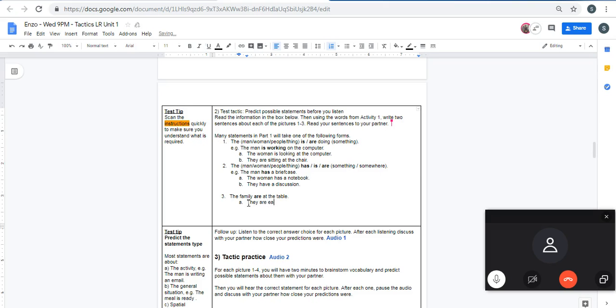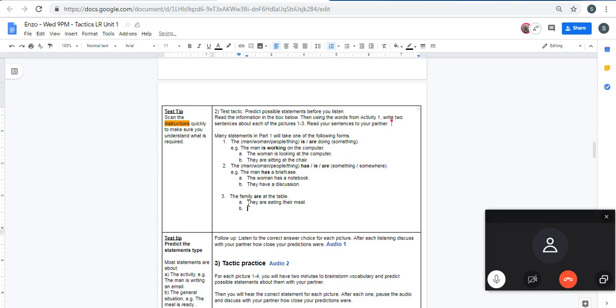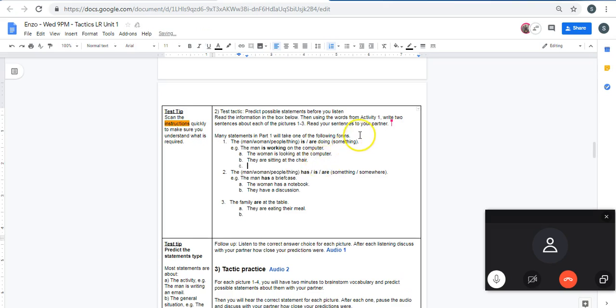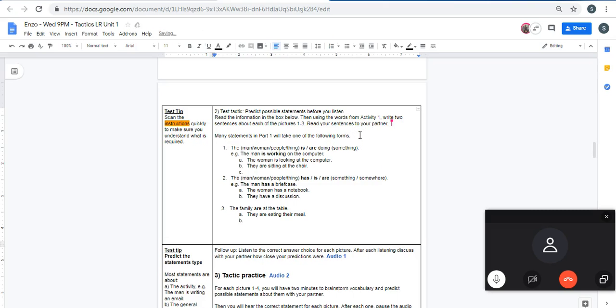Or they're eating their meal, and they have a happy conversation.